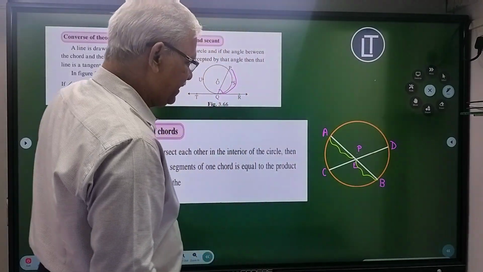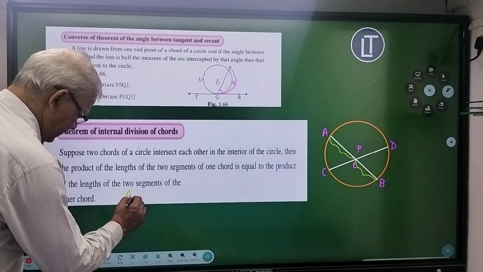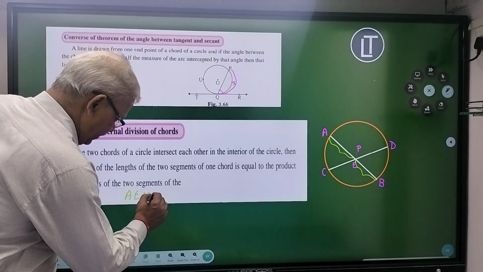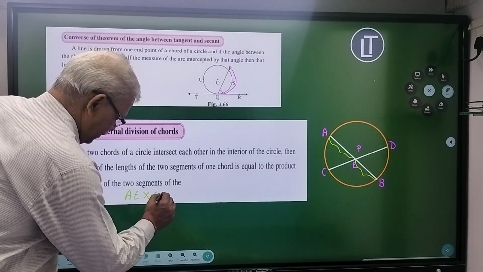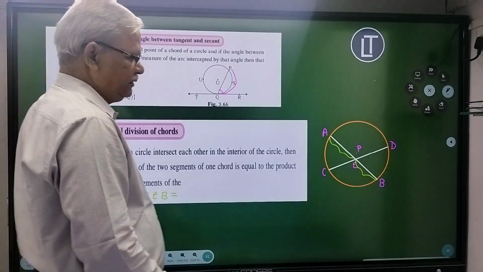Okay? So you can say AE into EB is equal to how much?